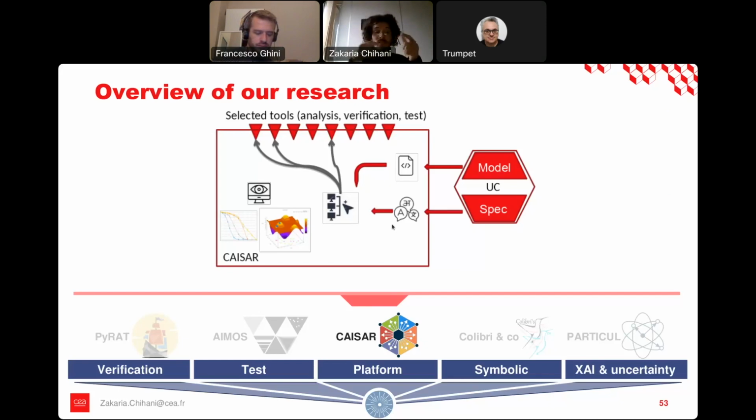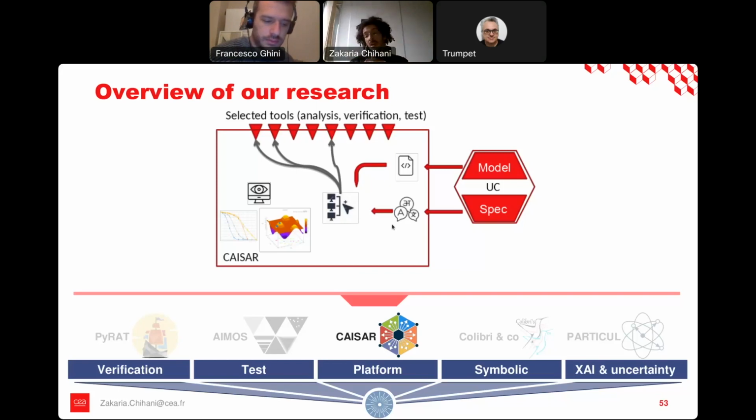Then, based on the form of these proof obligations, the activation functions, the hyperparameters of the model, and on previous runs, it can dispatch the proof obligations to a set of tools.